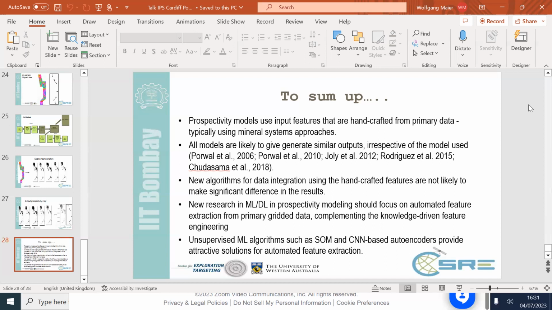If I get the question, you are asking when you can use supervised machine learning and when you cannot? Well, the simple rule of thumb is that if the number of deposits you have is at least three or four times the number of layers you are using for prospectivity modeling, then supervised learning may work better, because there is less chance of overfitting.